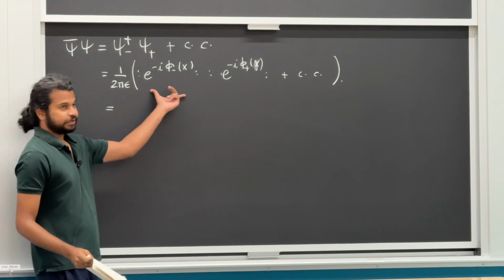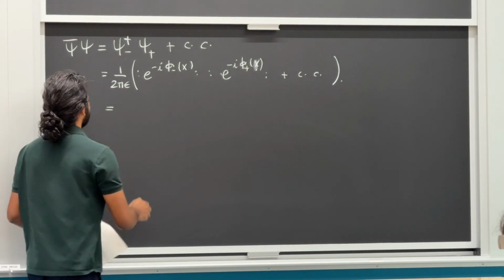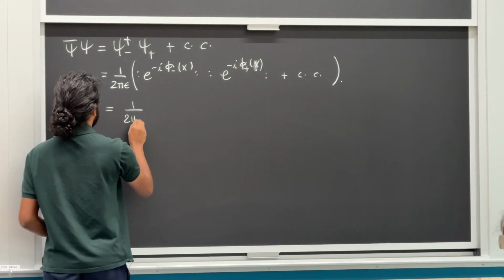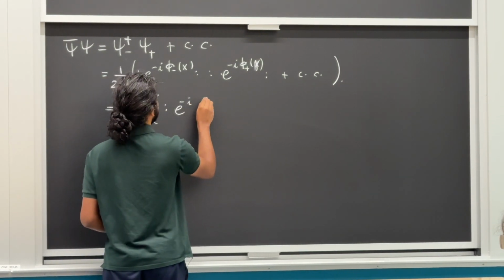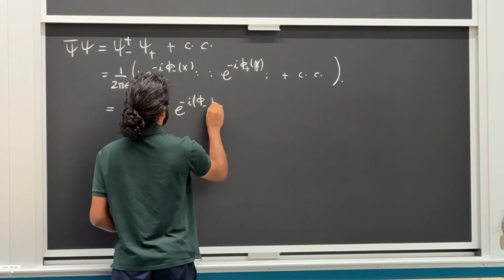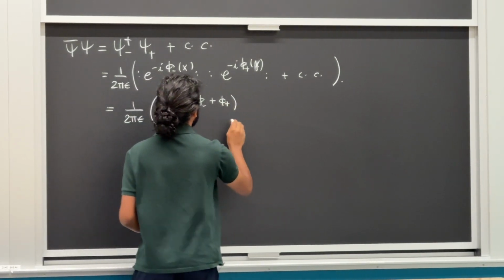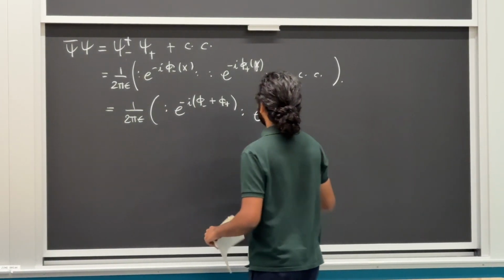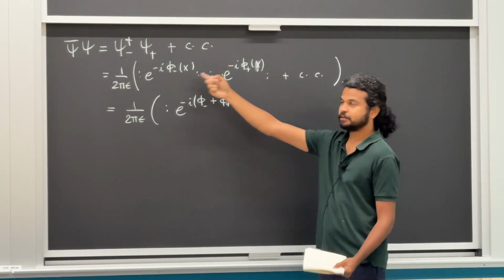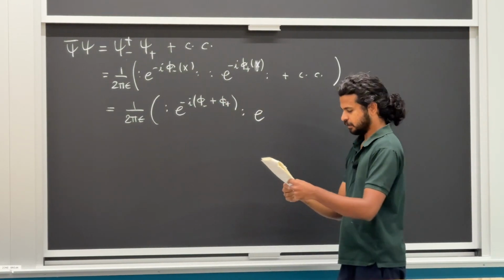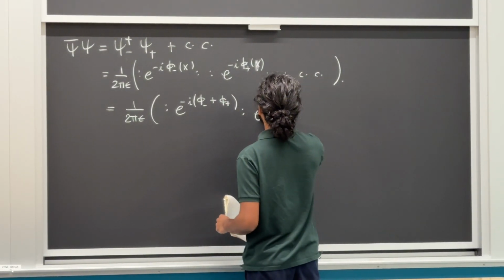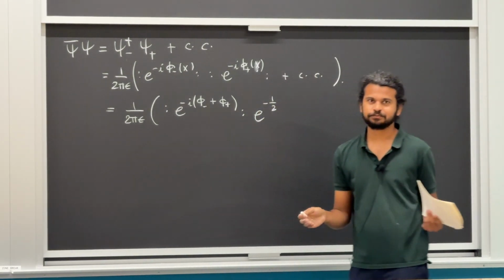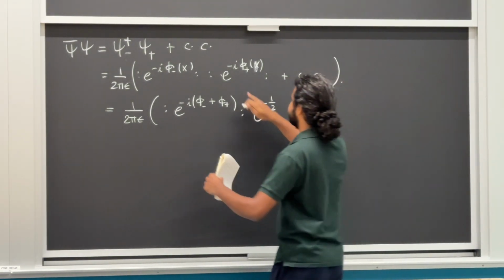This again we do the same story. So we end up with 1 by 2 pi epsilon of e to the minus i phi minus plus phi plus, e to the power the commutator between these two, and a half. The BCH formula has a minus sign.